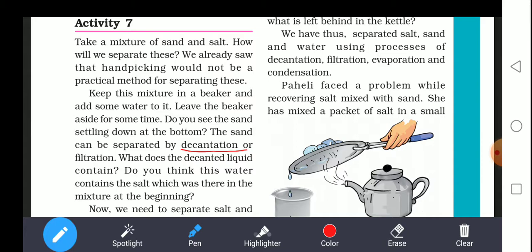You are separating the upper layer of the mixture into another beaker. The solid part settled at the bottom can be kept at the bottom, and the upper layer will be separated. That process is called decantation. By decantation, what substances are you separating? Water and salt. Water and salt you are separating.